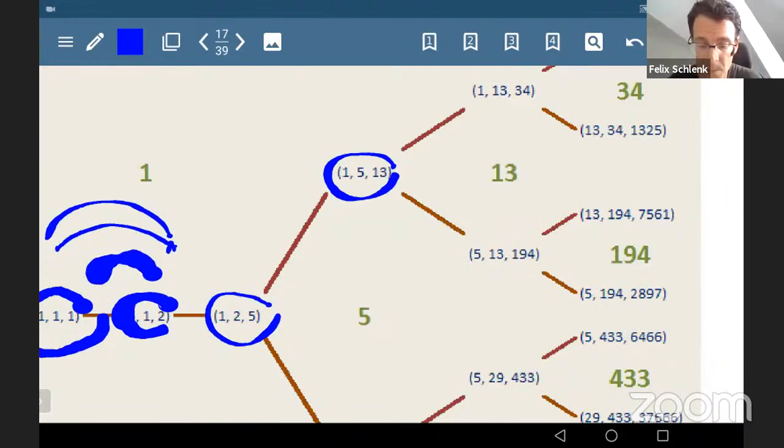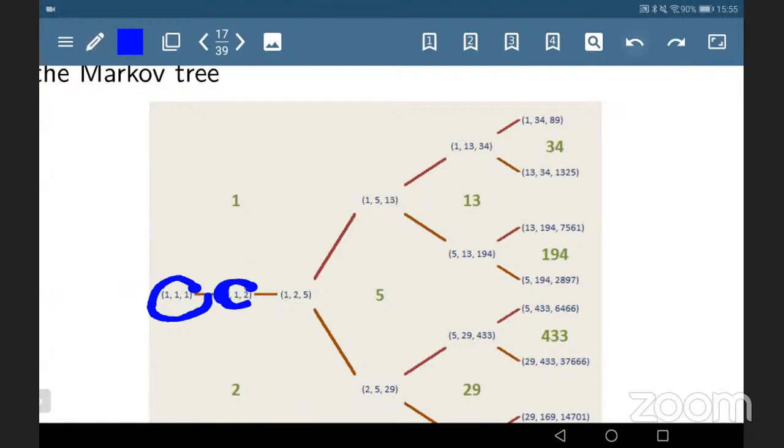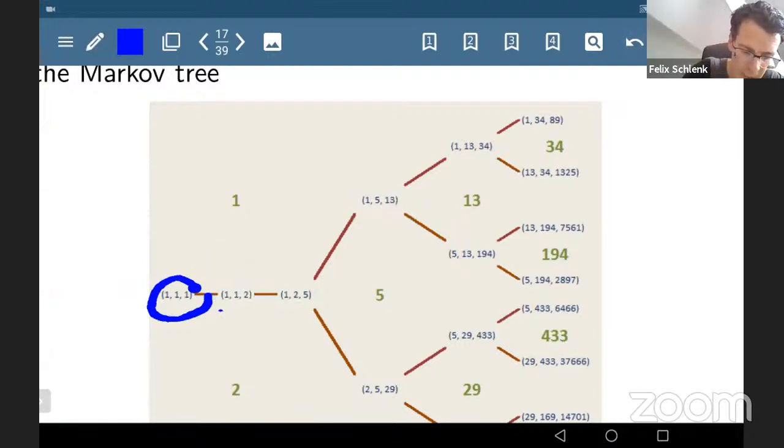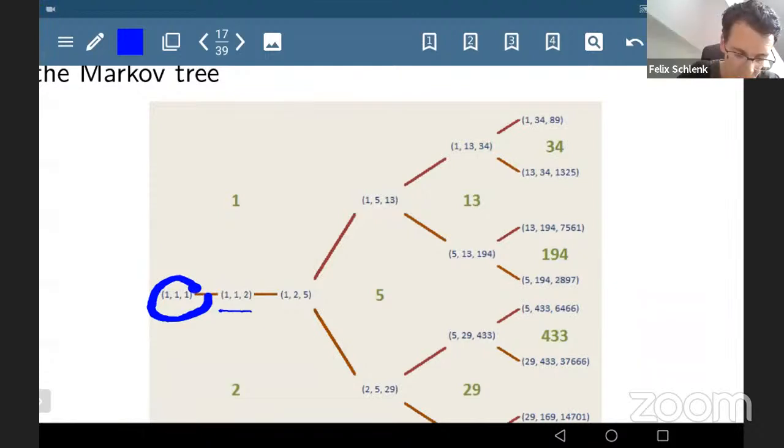Not hard. I'm confused. If you do 1, 1, 2, that move, you'll get 1, 1, 5, not 1, 2, 5. Because you're not moving the first. Take B to be 2 and C to be 1, I think. Yeah, maybe I say it wrong. If you take either of the ones, you get this, and if you change 2, you go back.